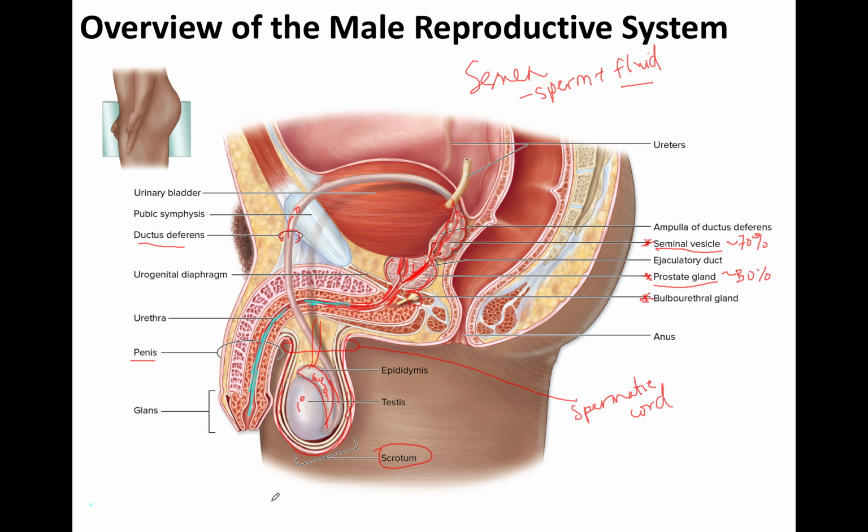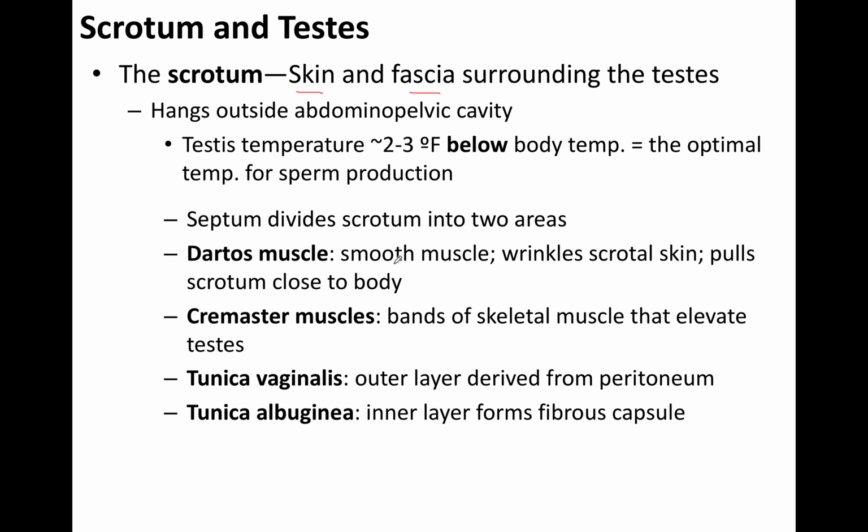Now let me go into a little bit more detail. So the scrotum. The scrotum, as I said, is going to be the skin and the fascia that surround the testes and really the epididymis as well. It is going to hang away from the abdominal pelvic cavity, and the main reason for this is that sperm production is going to be optimal at 2 to 3 degrees below body temperature.